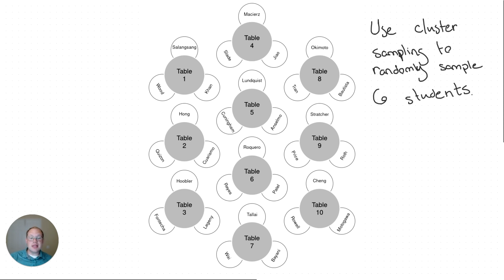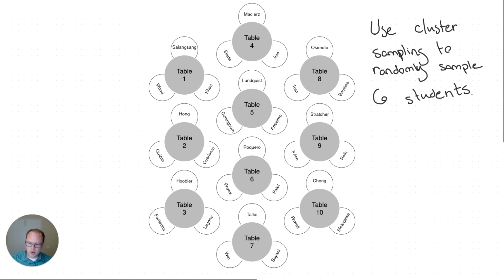In this case, that would mean we need to sample 2 clusters. The idea here is that the thing we're really picking isn't the students, it's the clusters. And then the members that are in those clusters are the ones we sample.